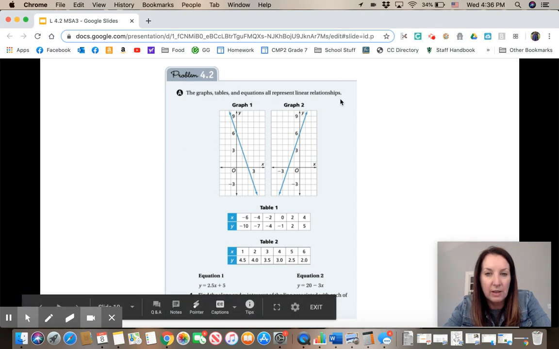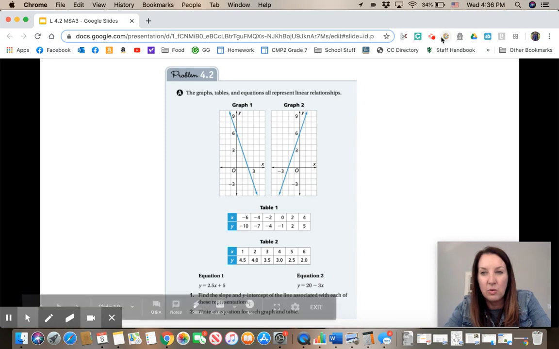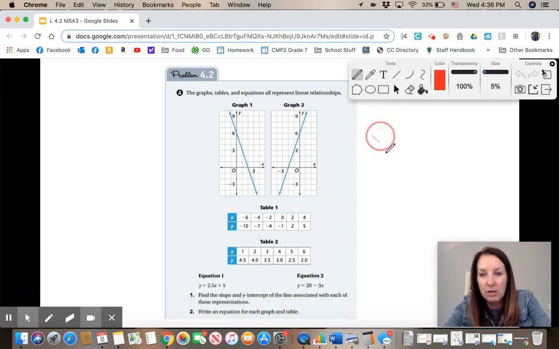So in your work today, it is telling you at the top, all graphs, tables, and equations are linear relationships. That's telling you you can use that magical equation, y equals mx plus b, where m is the slope, m is the coefficient, m is the constant rate of change, b is the y-intercept, right?